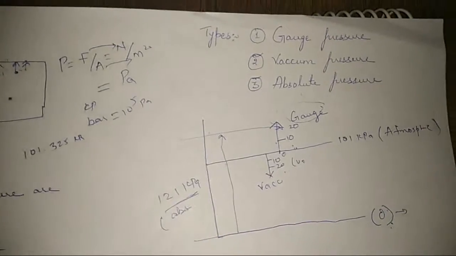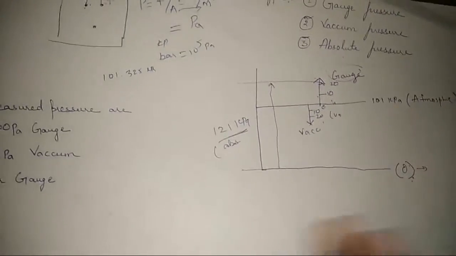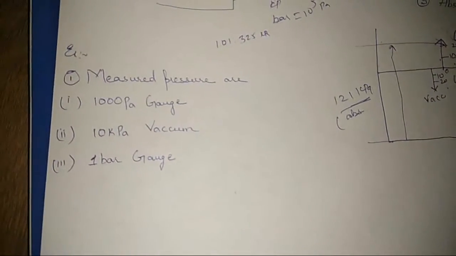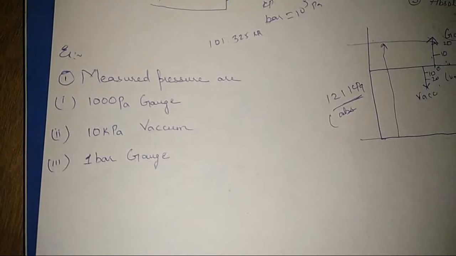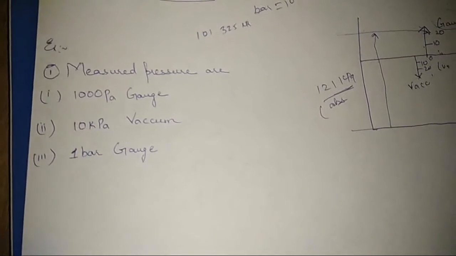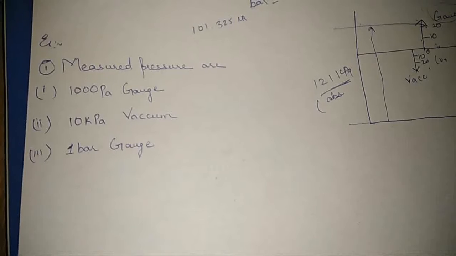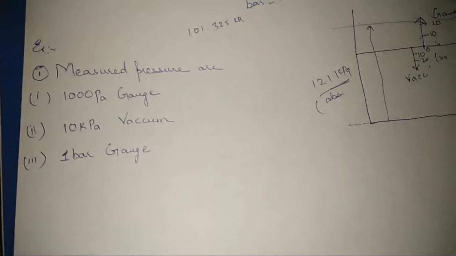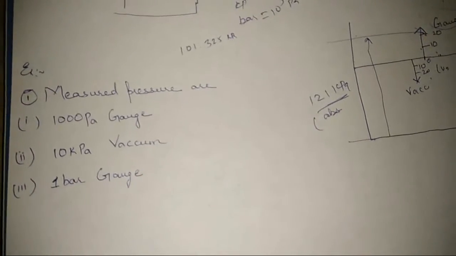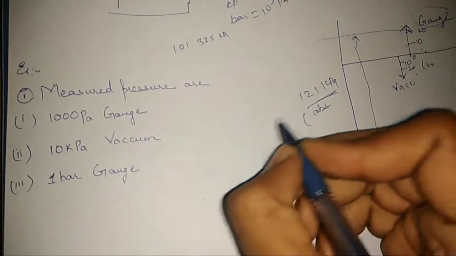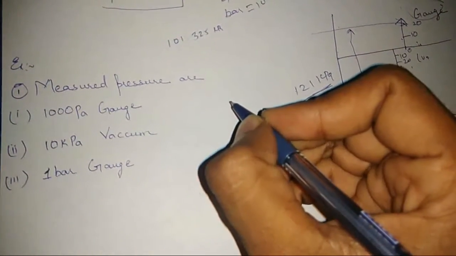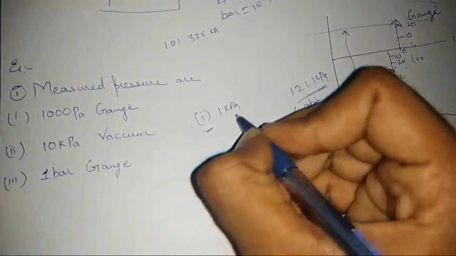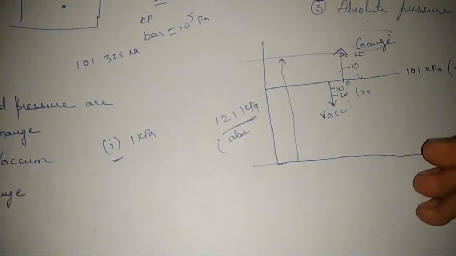To better understand these three types of pressures, here I have taken examples. Here 1, 2, and 3 are the measured pressures. We have to convert these pressures, which are gauge, vacuum, and gauge, into absolute pressure. So how will you convert? Here it says 1000 pascals gauge. Remember the units: 1000 pascals is equal to 1 kilopascal.